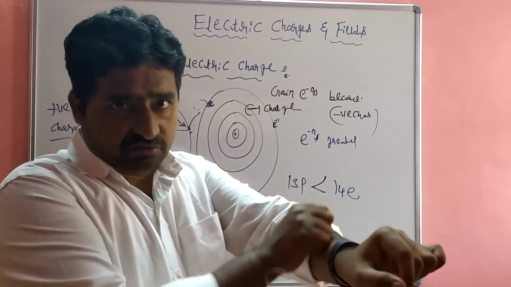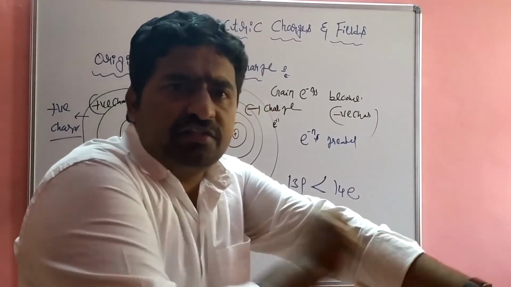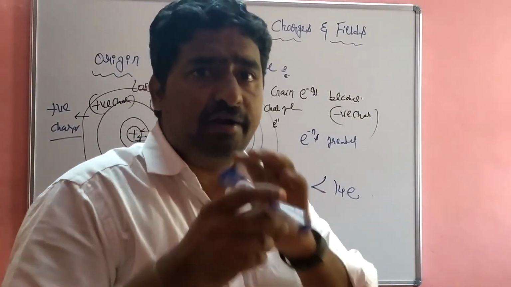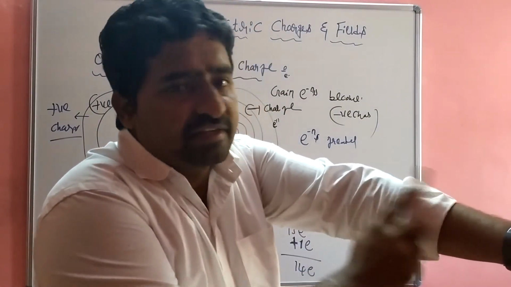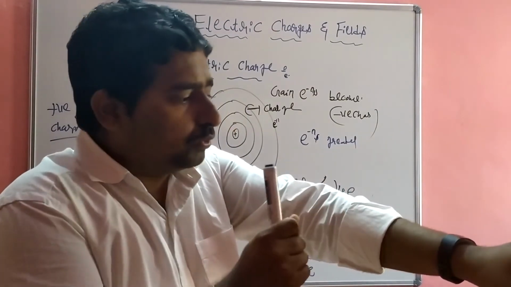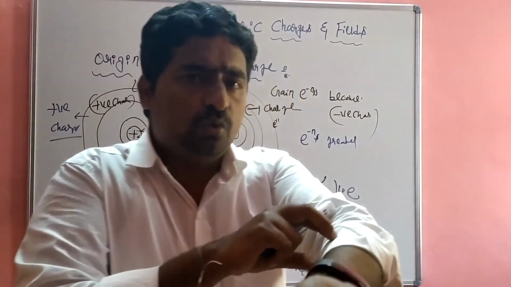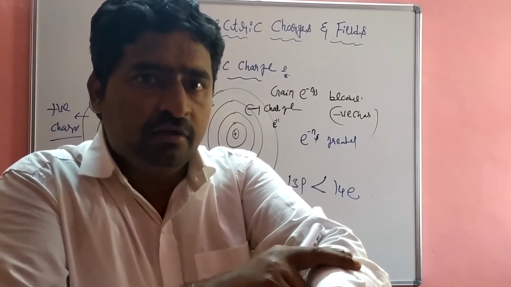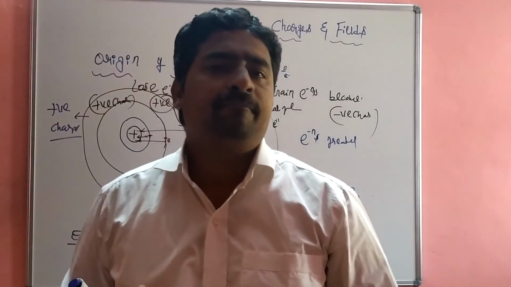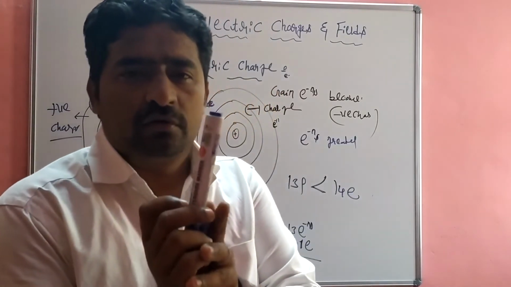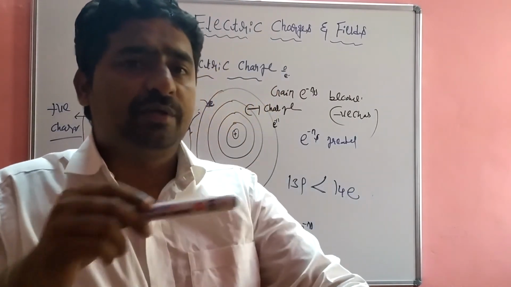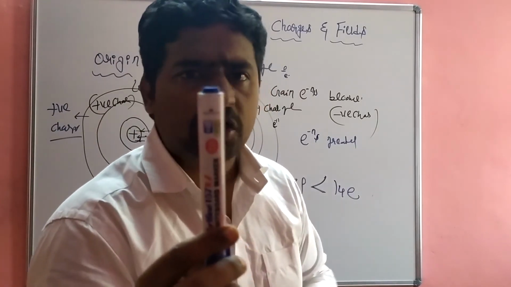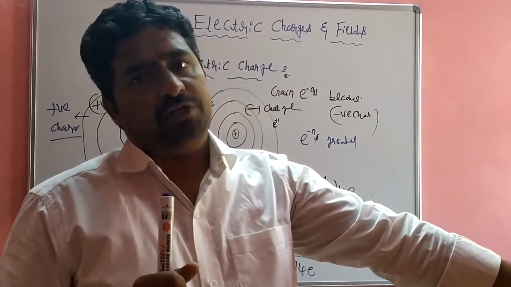The silk cloth loses the electrons, and the rubber gains the electrons. So the rubber is negatively charged and the silk is positively charged.